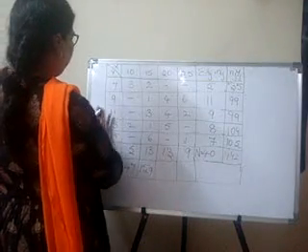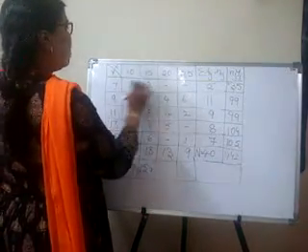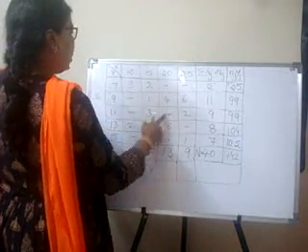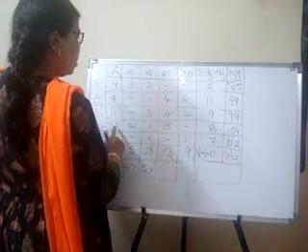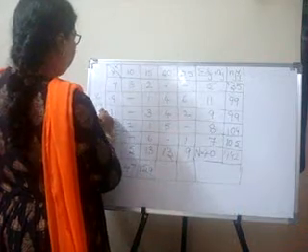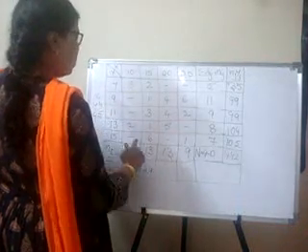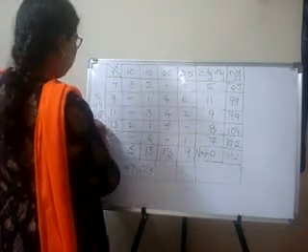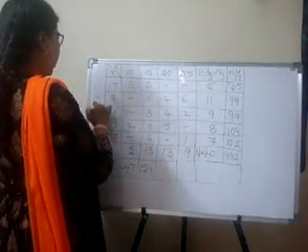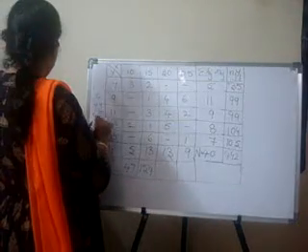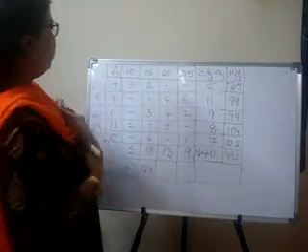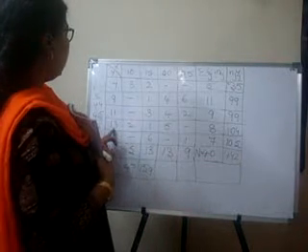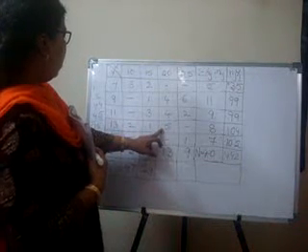Now the next column would be 7 into 0, 9 fours are 36, 11 fours are 44, 13 fives are 65, then 15 is nothing. So the answer is 10, 15, 8, 9, 12, 125.